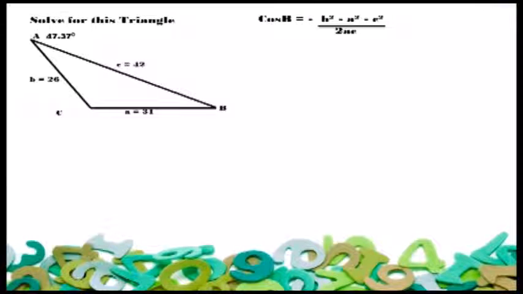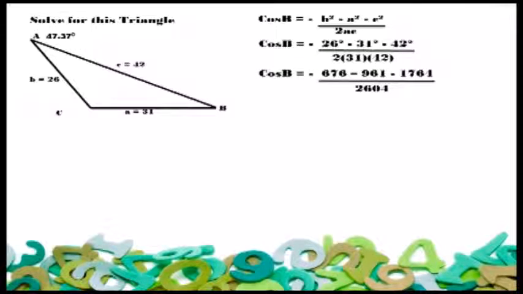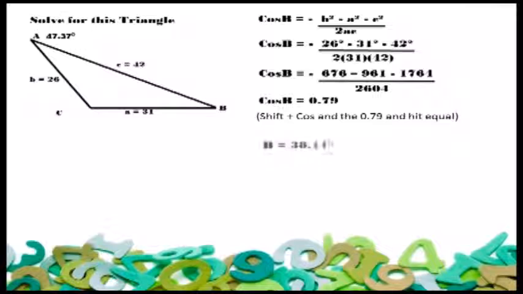Now in cosine B, just substitute the given, simplify it. So we will have cosine B is equal to 0.79. Don't forget to press shift and cosine, and the answer is 0.79 and hit equal. So you will get the angle B, 38.11 degrees.